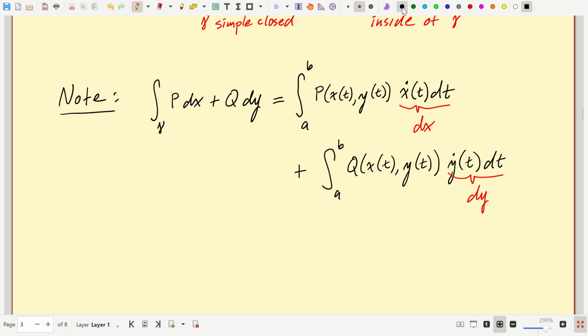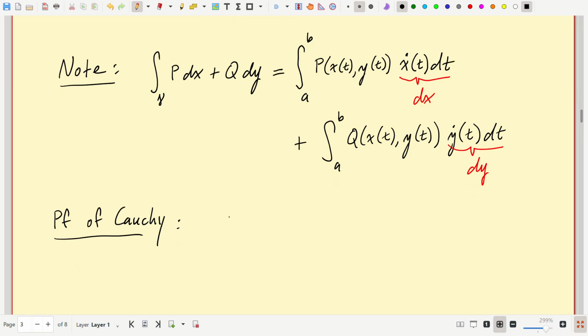So now we can do the proof of Cauchy's theorem. Let's calculate, using our standard notation, f of x plus iy equals u of x,y plus i v of x,y.